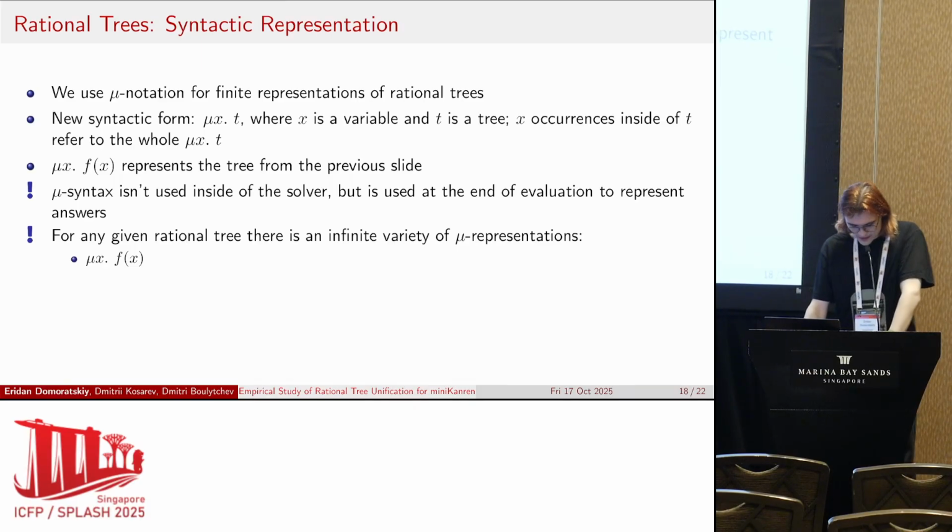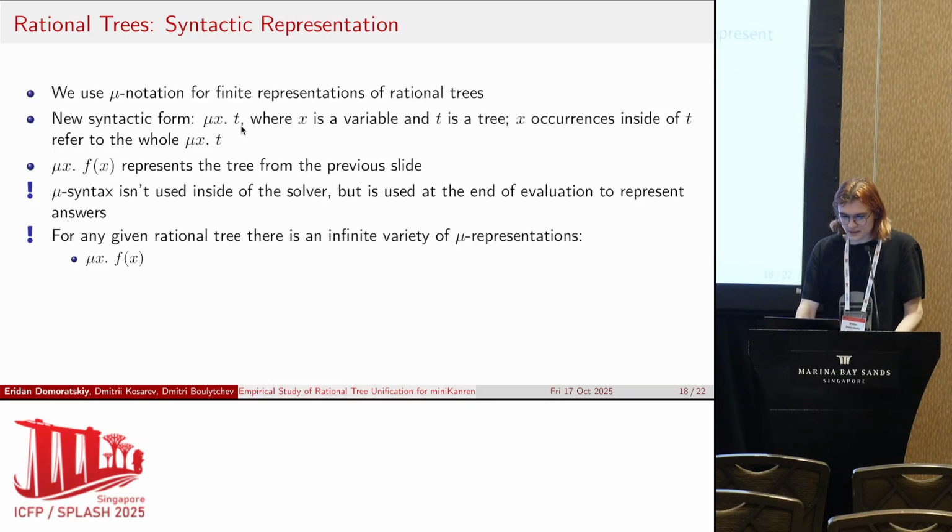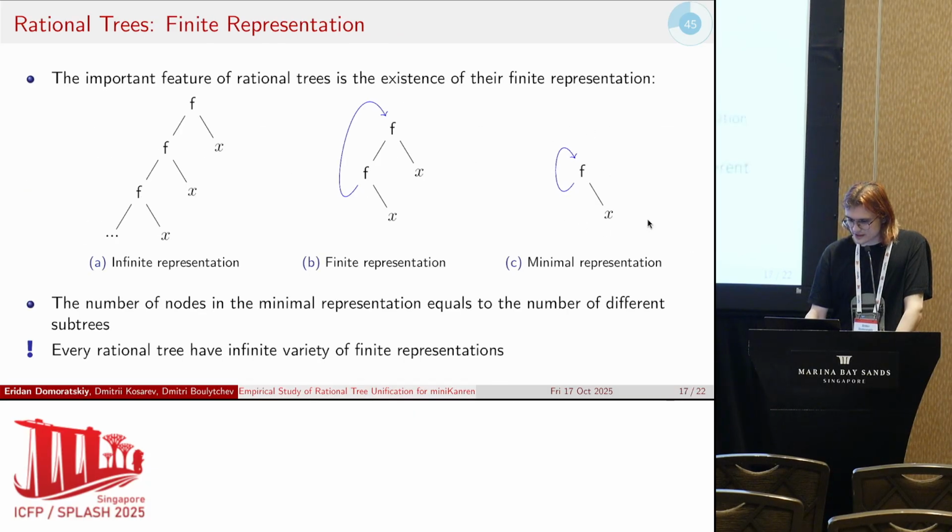To do this, we introduce a new syntactic form to allow back references in terms. For example, mu x. f of x represents this tree, this minimal representation exactly. Oh no, I'm sorry.